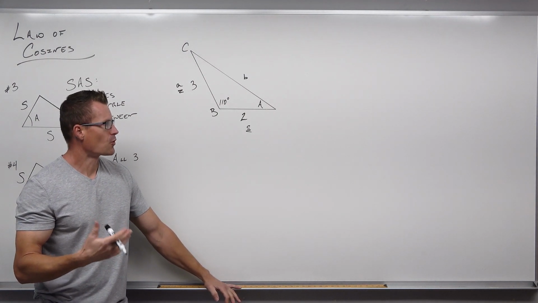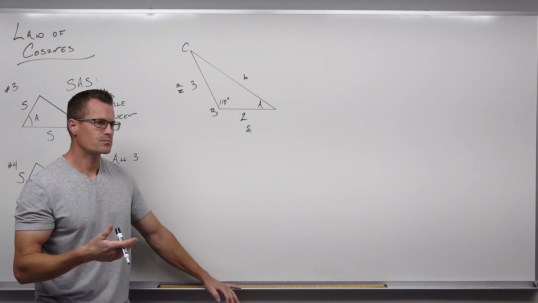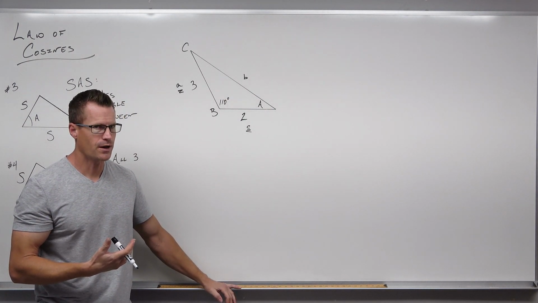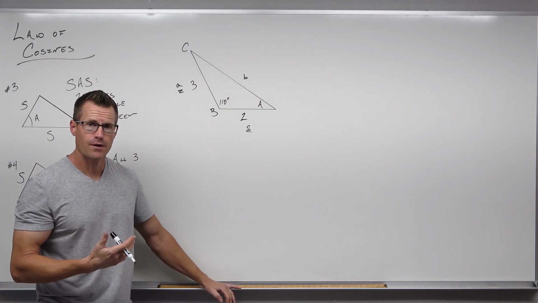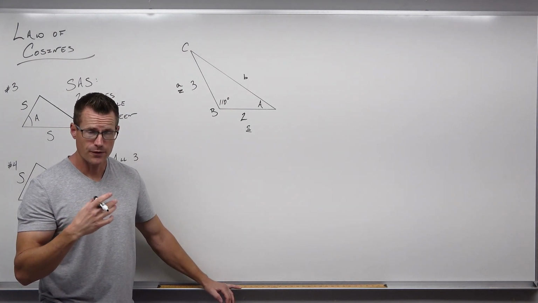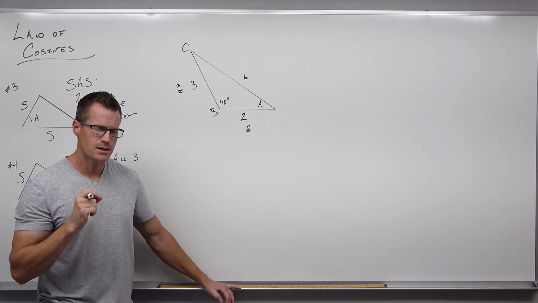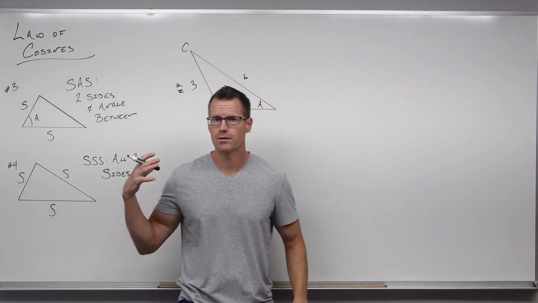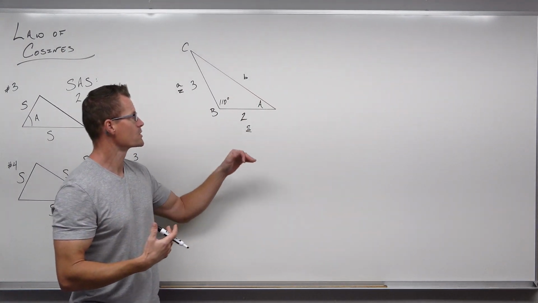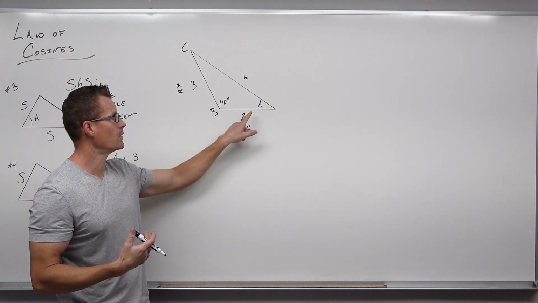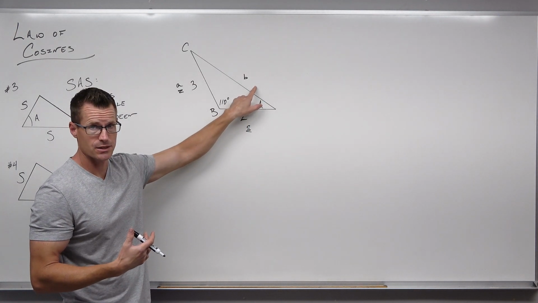So when I think about the formula, what I'm thinking is, with my side angle side, what could I even find right now? Could I find an angle right now? Really think through this. In order to find an angle, you need to know the adjacent sides. That's the only way that our formulas actually work. So if I want to find angle A, I would have to know this side, and I don't.